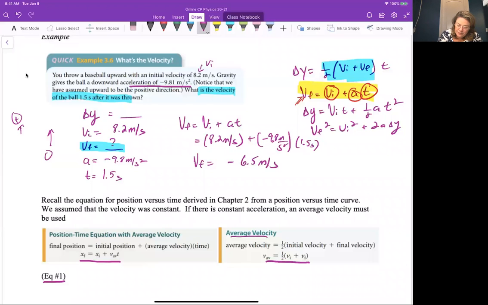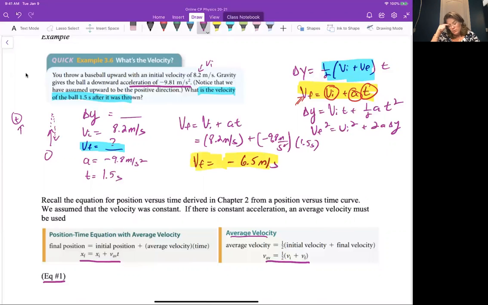After plugging that into the equation, I find that the final velocity is negative 6.5 meters per second. Well, that's weird. What does that mean? Don't stress. The ball went all the way up and then started to come back down, and it was a long enough time that my velocity is now pointing back down towards the direction it came from.